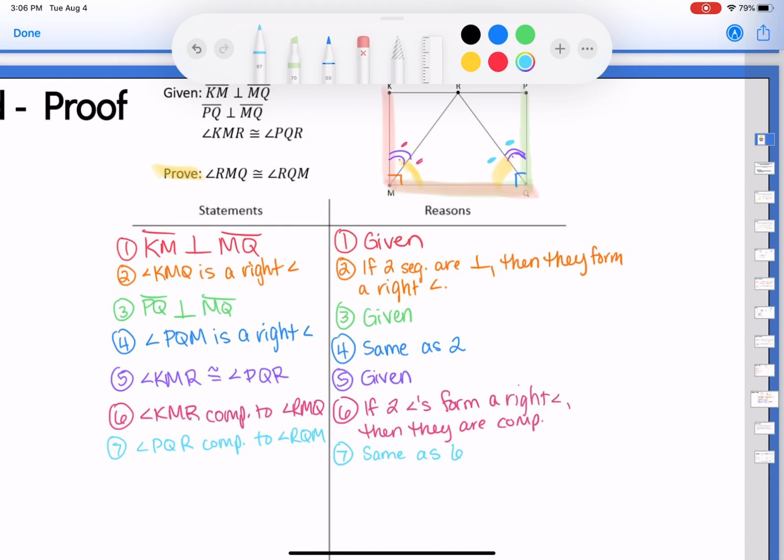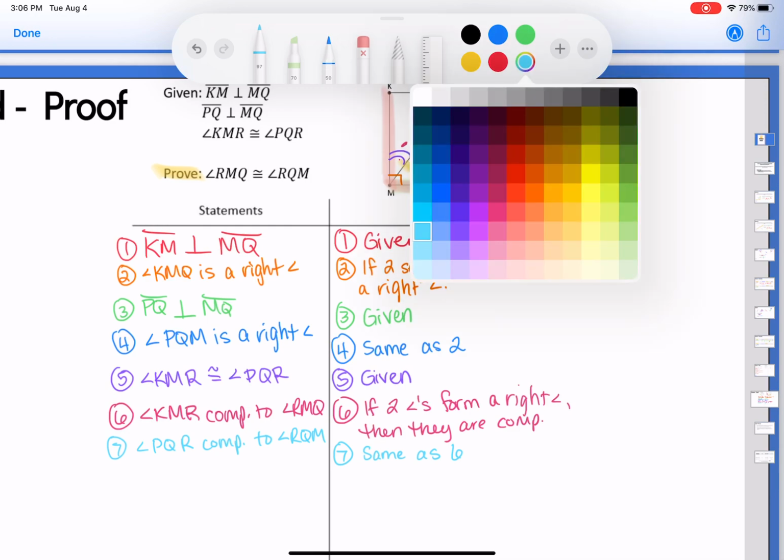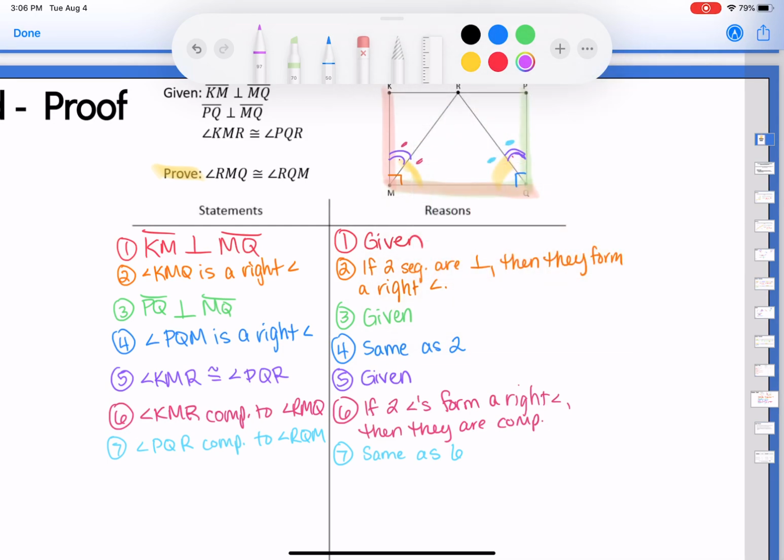That's 4 total angles. So I have if 2 angles are complementary to 2 congruent angles, not the same angle here, right?